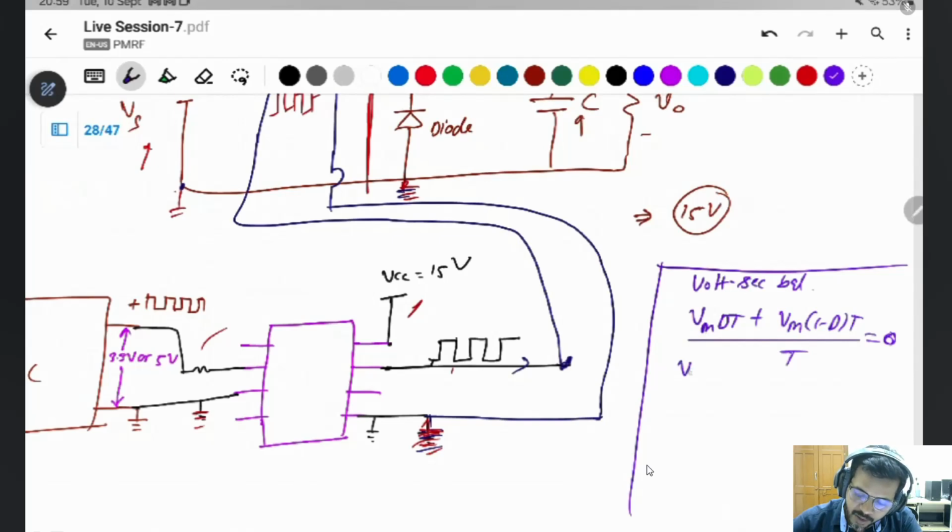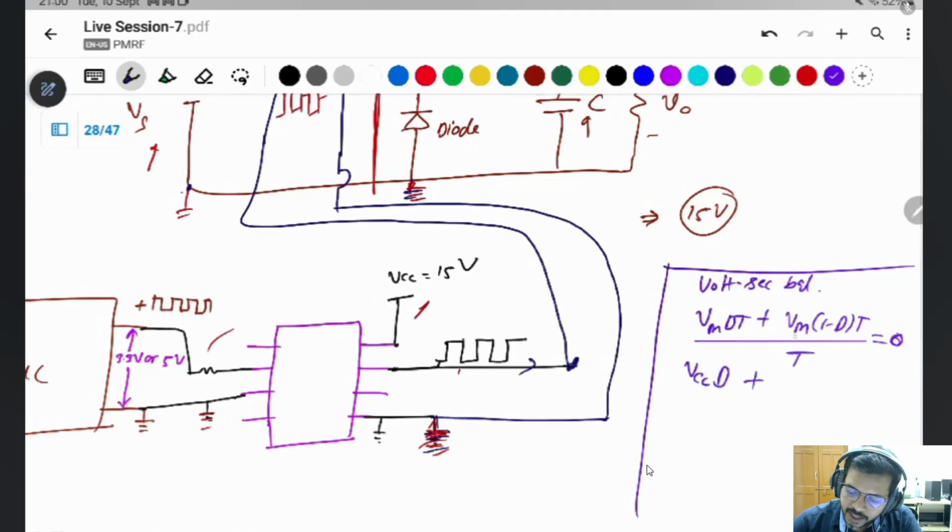At maximum on time, Vm will be VCC into d, and T cancels out. In the off time, Vm will be minus VCC. For the maximum duty cycle, VCC Dm minus VCC into (1 minus Dm) is equal to 0.